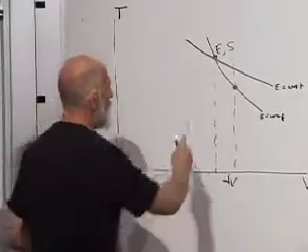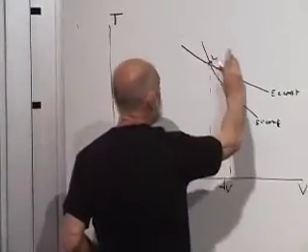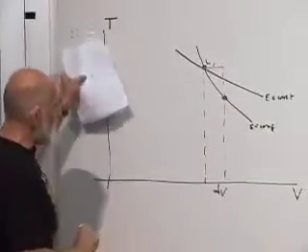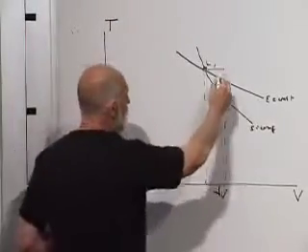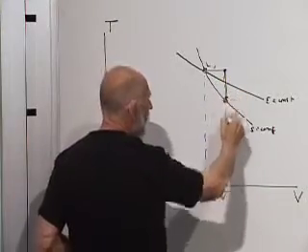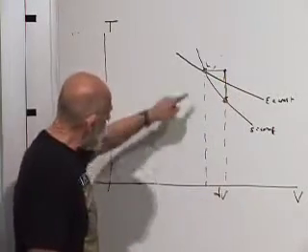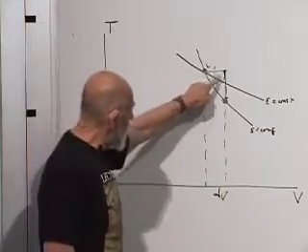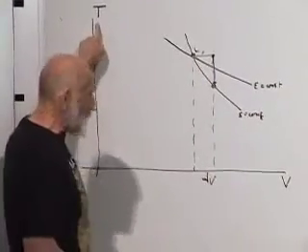Here's how I'm going to calculate it. I'm going to calculate the change in the energy when I go horizontally, that's at fixed temperature, and then when I drop down vertically. So the change in energy in going from here to here is the sum of two terms. The first is the change in energy at fixed temperature.